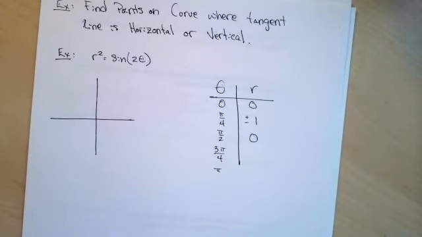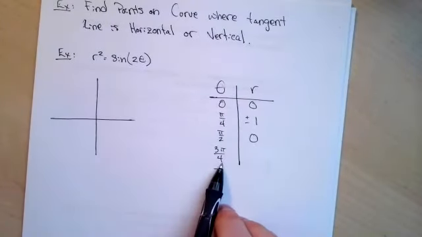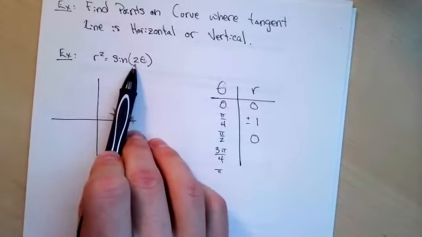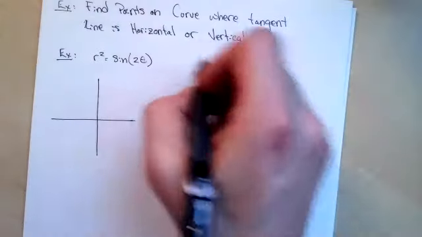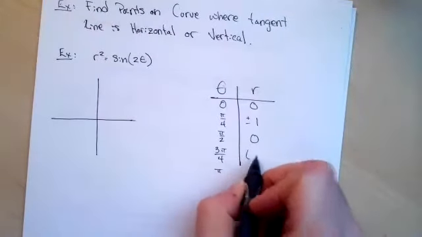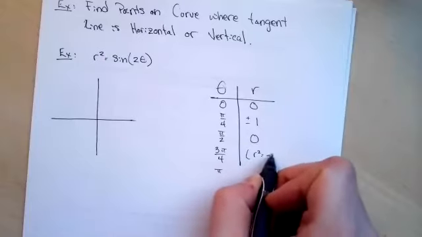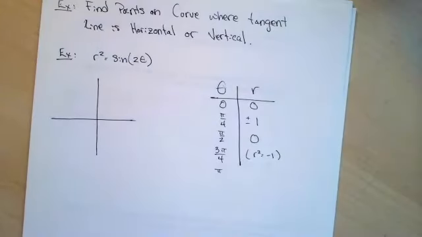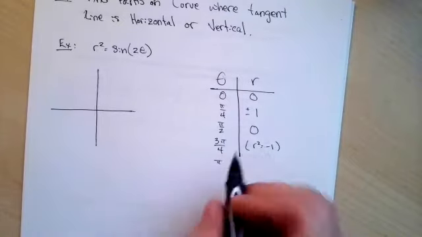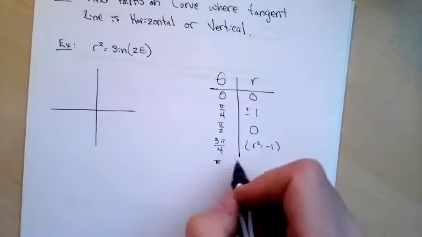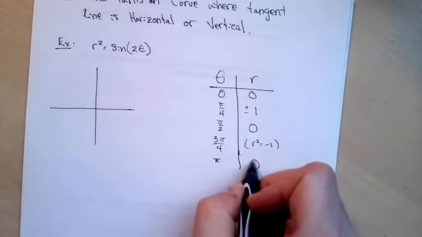At 3 pi over 4, it'll be 3 pi over 2. Sine of 3 pi over 2 is what? Negative 1. So something a little wonky is going on there. We're not going to have a solution. It's going to look imaginary. At pi, we have sine of 2 pi, which is back at 0.